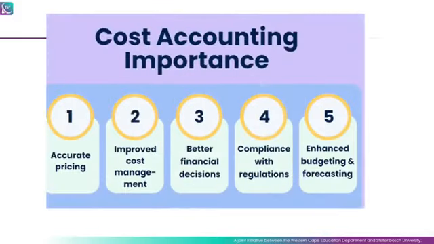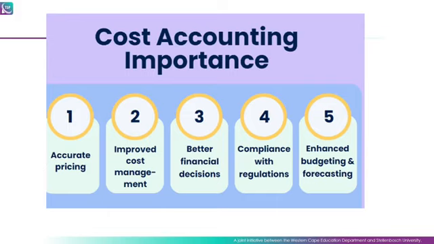Why is cost accounting important? So firstly, we need to have accurate pricing, because it's in the word cost, right? We want to ensure that the selling price we are creating for our product is in line with the cost so that we can make a profit.